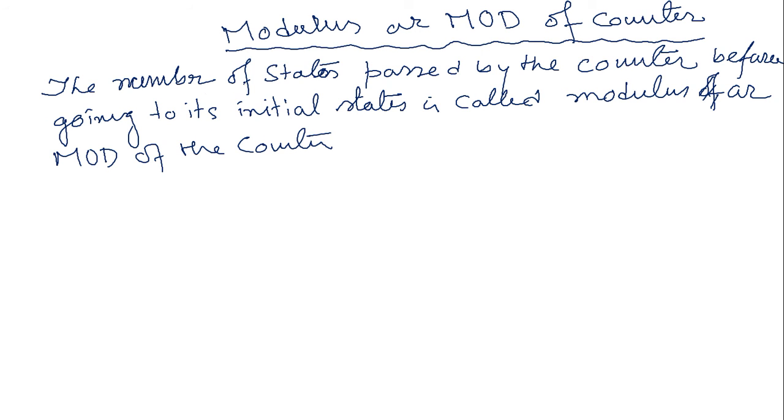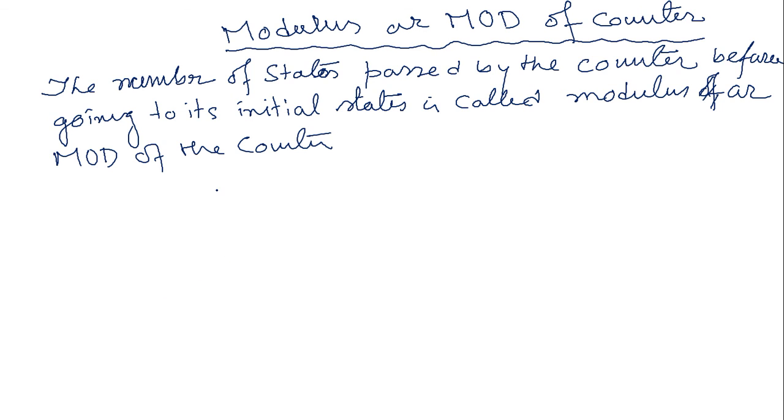So I'm explaining this definition in detail. The number of states from the initial state to the final state, if we count. The number of states passed by the counter before going to its initial state.